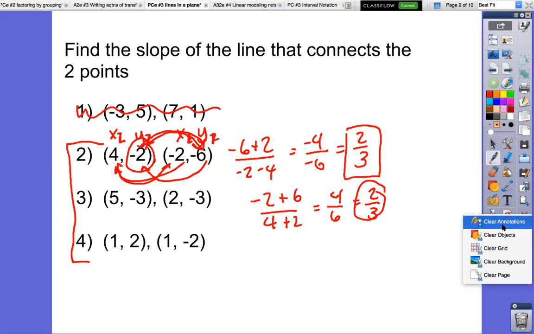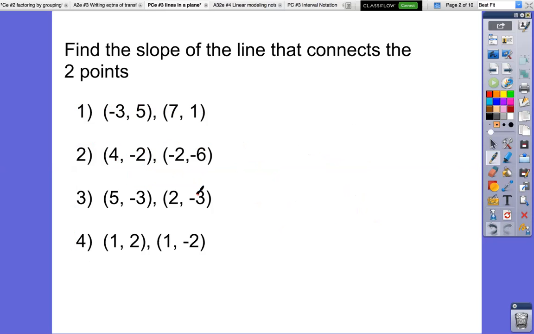Now I want to show you guys this right away. On number 3 and number 4, if we're trying to find the slope, and I know that y2 minus y1 is -3 plus 3, which is 0, I can stop. Why? Because if I ever have 0 over a number, your slope is 0. But let's look at that another way.